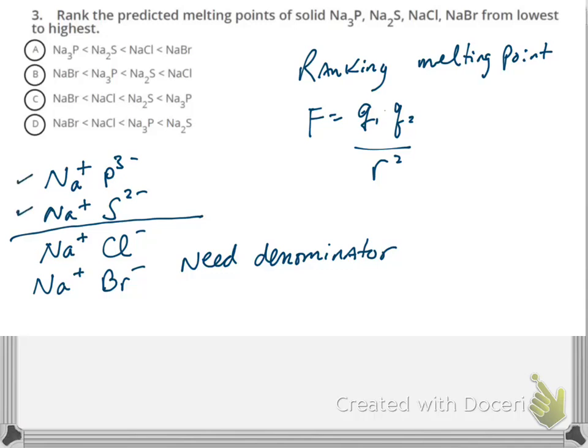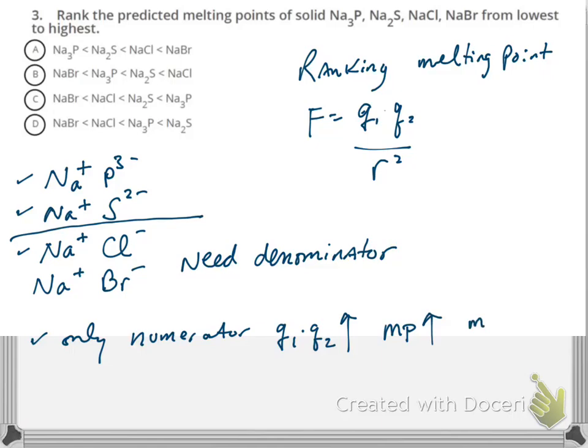But for sodium phosphide, sodium sulfide, and the general sodium chloride, we know that this is only the numerator, which is only the charges. And if it's the charges, then as the product of the charges goes up, the melting point goes up. Because there's more force holding these ions together, and that's what we have to overcome in melting.